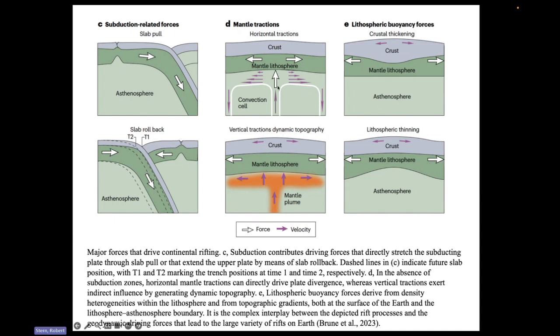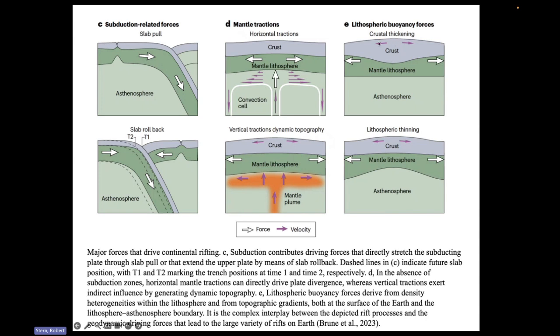Then there are mantle tractions above an upwelling mantle plume, where the convection exerts some stress on the lithosphere, causing it to move apart. And then there are lithospheric buoyancy forces. We talked about the way to make crust in particular weaker is to thicken it, because that increases the temperature in the lower parts, and that will make it weaker.